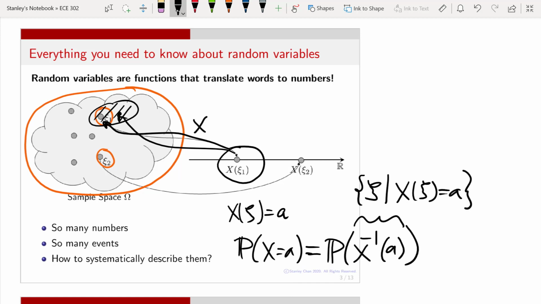But there are just too many numbers here, and there are many, many different events. And if you need to do this kind of inverse mapping every time, it could be very, very tedious. And therefore, we need to have a systematic way of describing all these events. And this comes to the notion of probability mass functions.